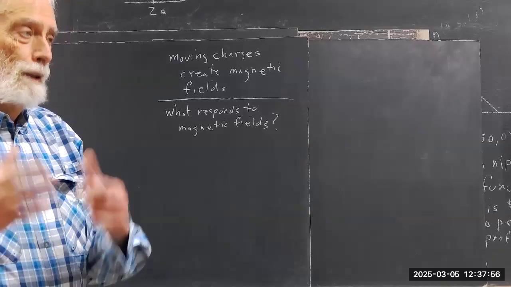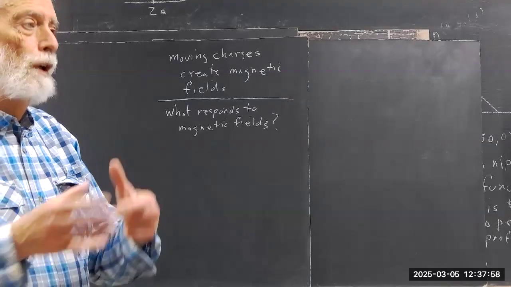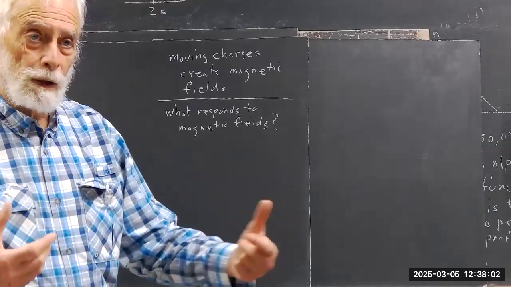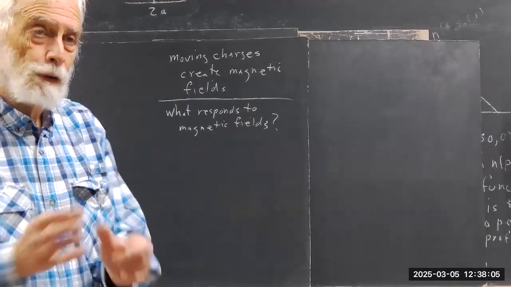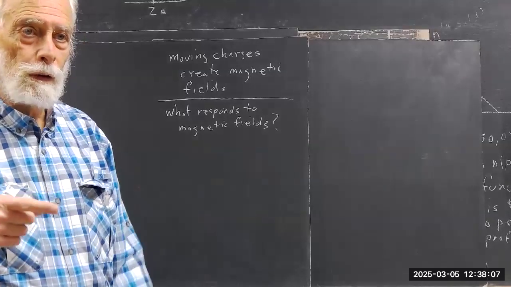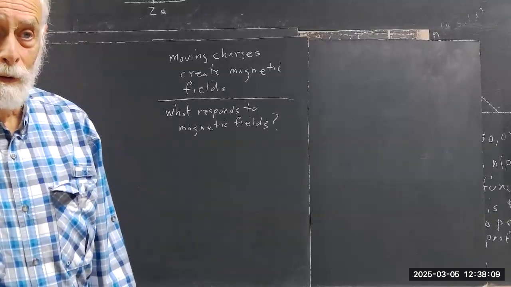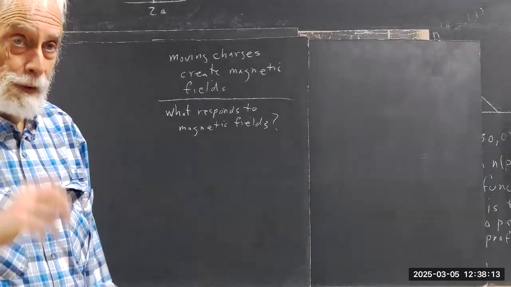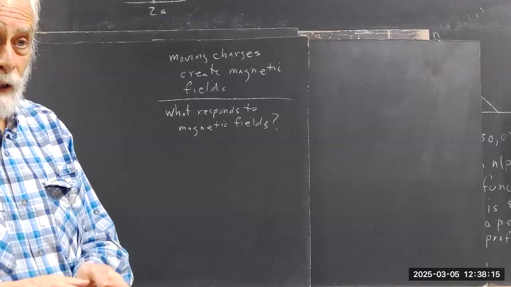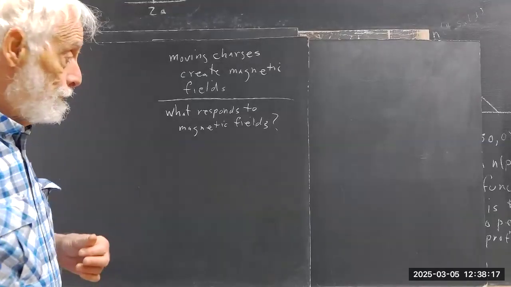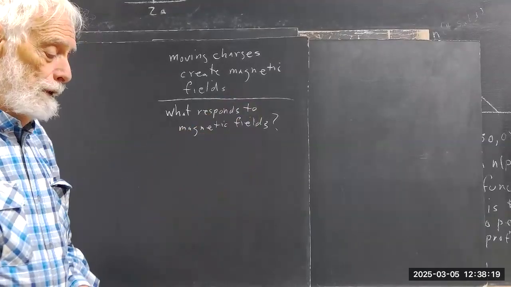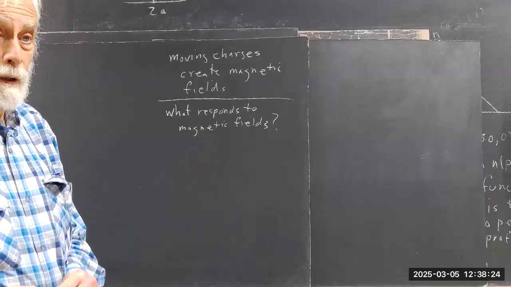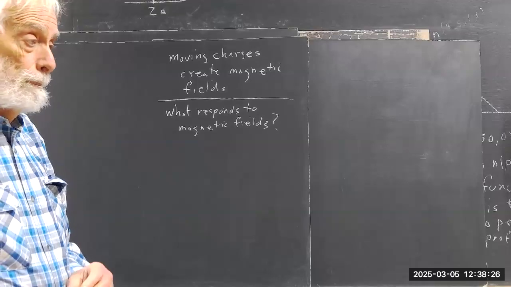And that loop of current reinforces with other loops of current within the magnet and creates a magnetic field. So it's a combined magnetic field of all the little atomic loops of current. Now, it's a lot more complicated than that, but that's a good way to start understanding it. And that's true in pretty much the case of any permanent magnet.